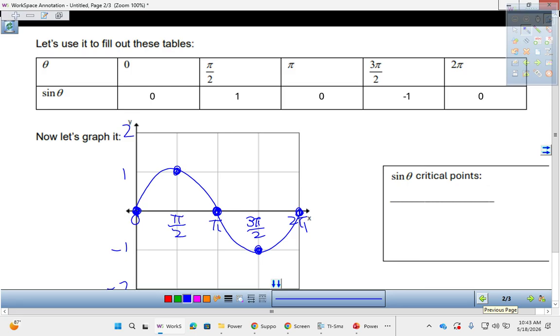The 5 critical points of sine, going back to sine, are helpful to remember. You don't have to memorize it. They are 0, 1, 0, negative 1, 0. Those are the critical points of sine. It's the order that I went, right? Sine starts at 0.